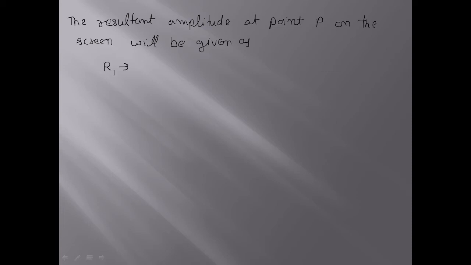This is R1 from source number 1 and R2 from source number 2. Then the resultant amplitude, Rs square, is equal to R1 square plus R2 square plus 2 R1 R2 cos delta. Here the phase difference is delta.